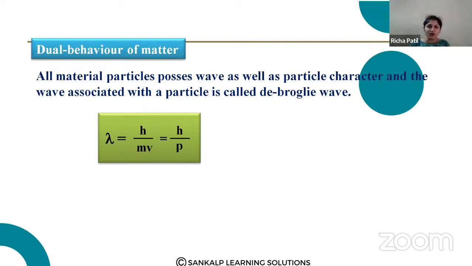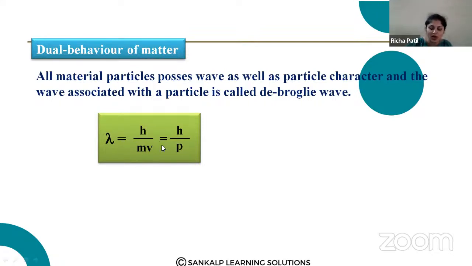Like in electromagnetic radiation, which is made up of photons, the photon has momentum and wavelength. So the electron should also have momentum as well as wavelength. According to his statement, the equation was given as lambda, that is wavelength, is equal to h by mv.